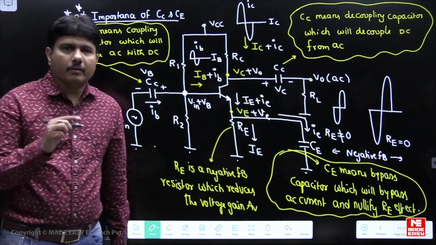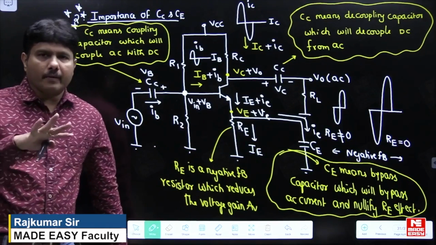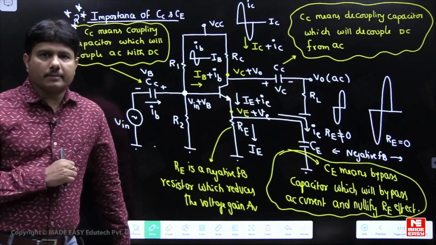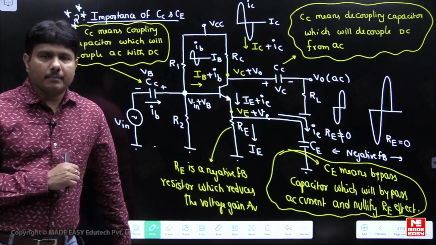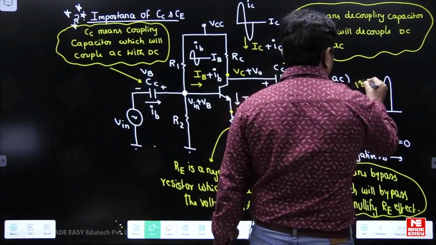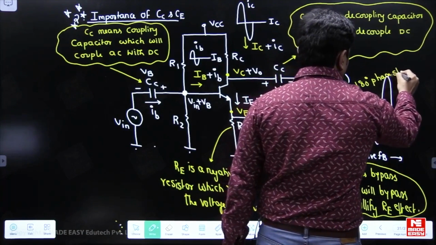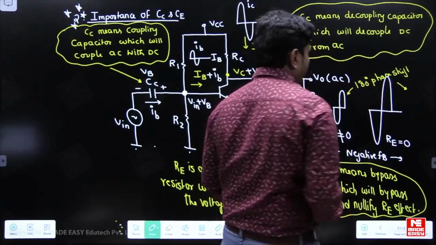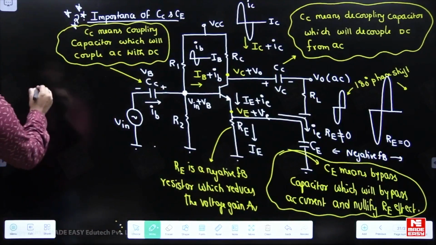And one more good point you are seeing on the board is your output, you are having 180 degrees phase shift output. Common emitter is the only transistor configuration which will give the gain value as negative. Because of that, we are getting here a 180 degrees phase shift. What is the reason behind it? I'll write here.